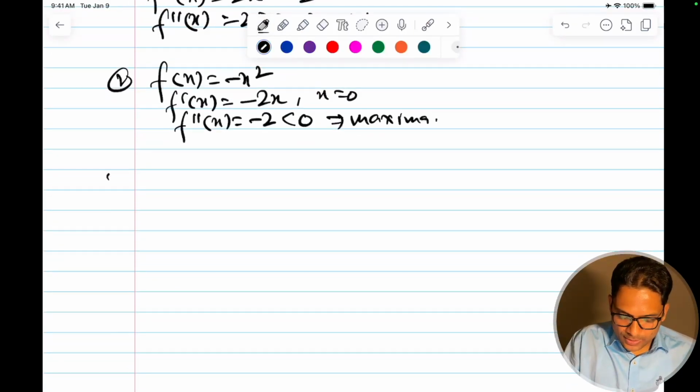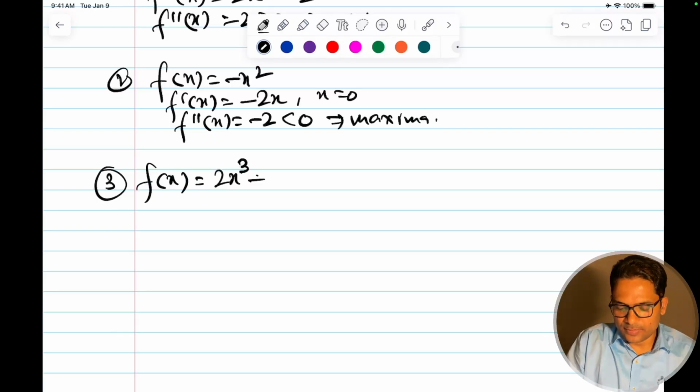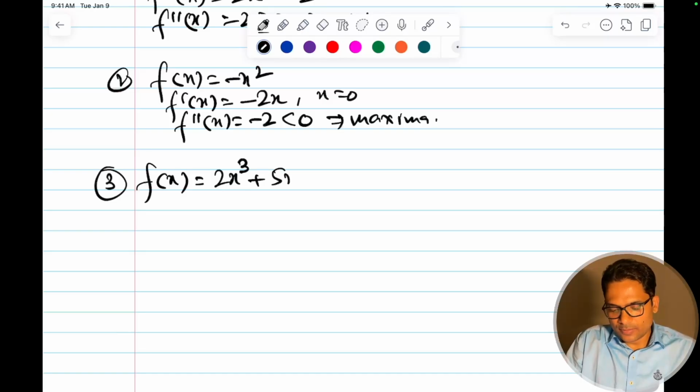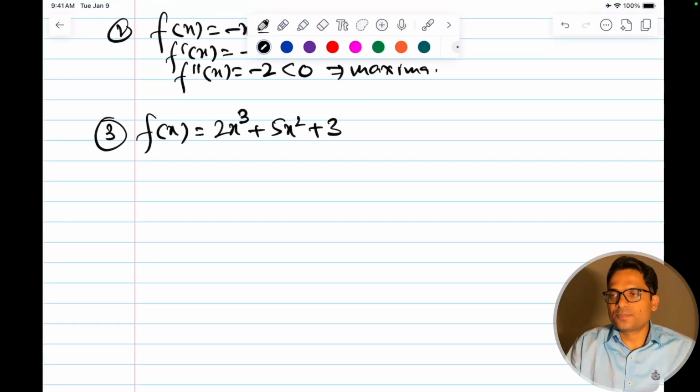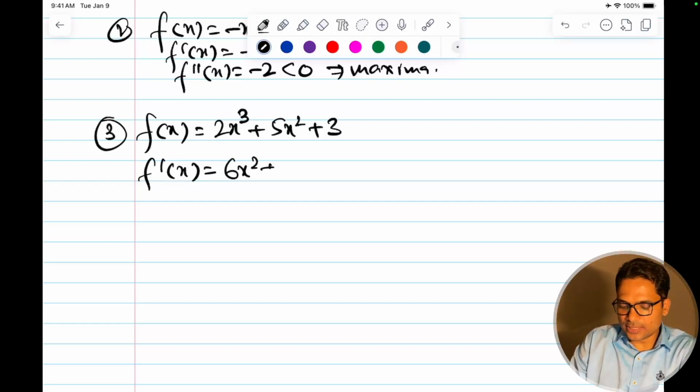Okay, now let's do a third example, where f of x is equal to a cubic, maybe. 2x cube plus 5x square plus 3. So what will be my f dash x equal to? Here I'll equate it to 0 and show you. This is 6x square plus 5 2s are 10x, right?